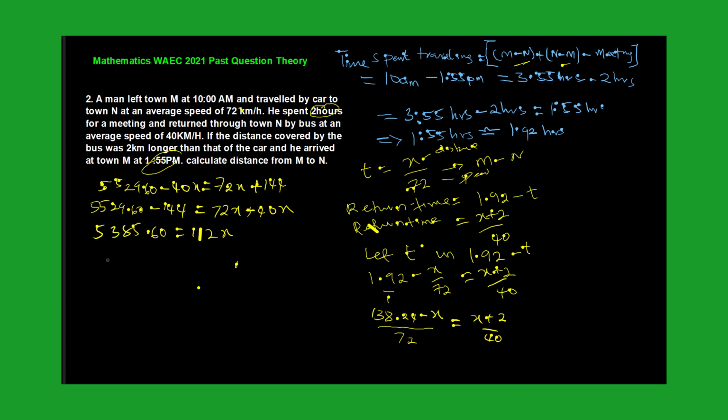So the value of X will now be X equals 5385.60 divided by 112. So our final value of X will be 48.0885 kilometers. It means the distance from M to N.